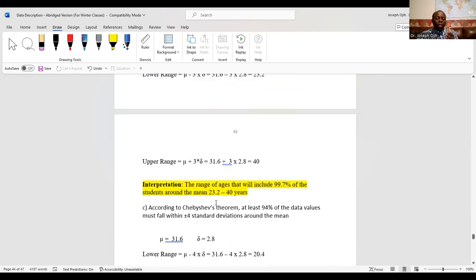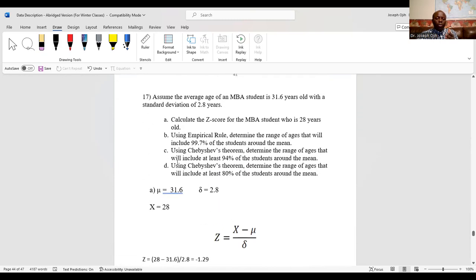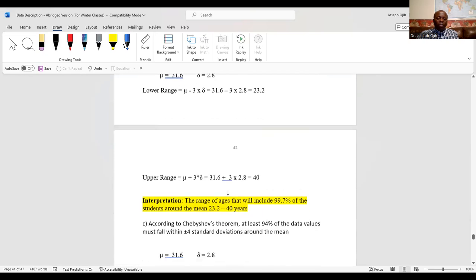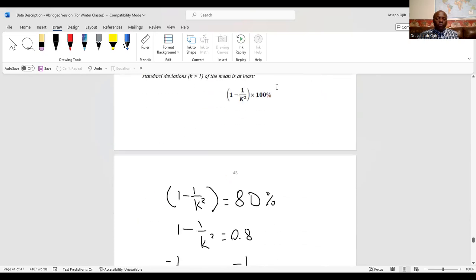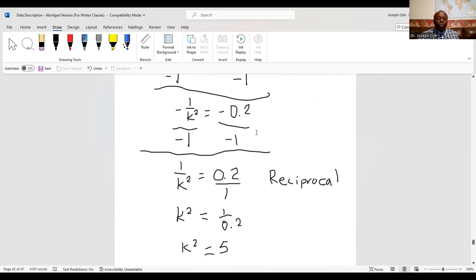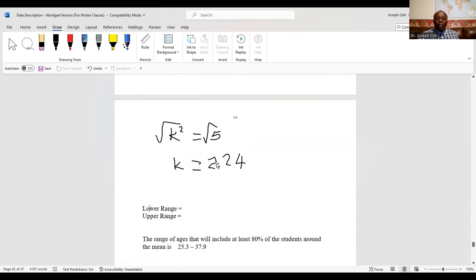The question was using Chebyshev's theorem to determine the range of ages that will include 80%. So we used this formula to find our k, which is the number of standard deviations.